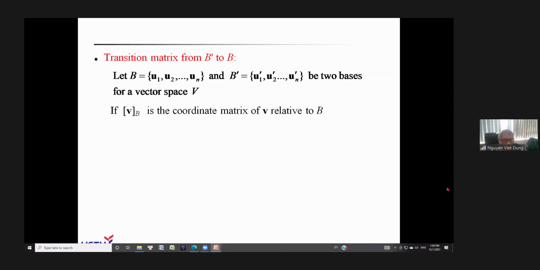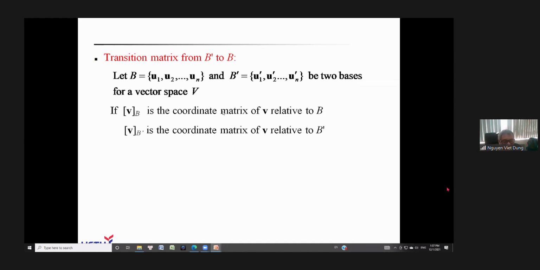Now, we denote V sub B, that is the coordinate matrix or the coordinate column of V relative to B. And similarly, V sub B prime is the coordinate column of V, but now relative to B prime.